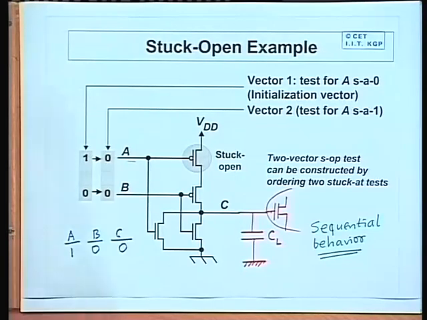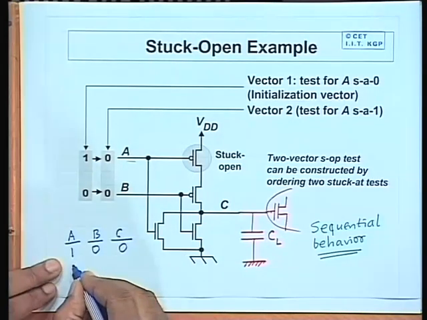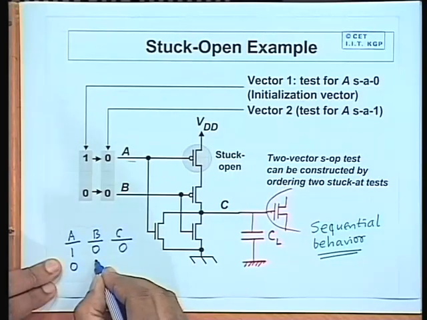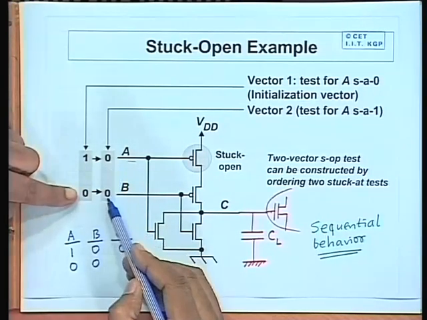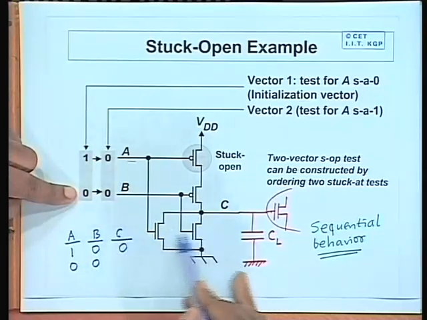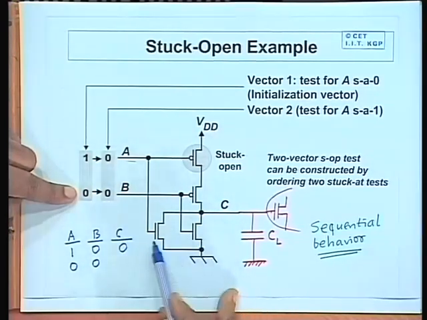Now suppose I apply an input, say 0 0. Then what will happen? 0 0 means both the pull down transistors will be off, none of them are conducting.